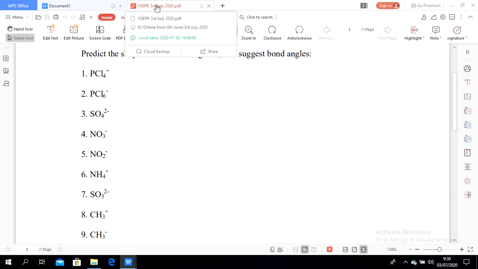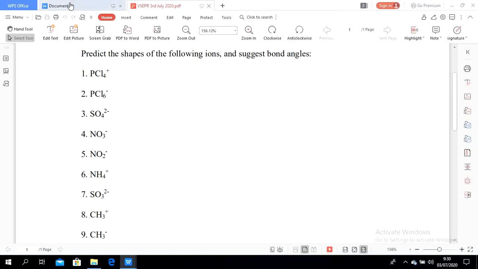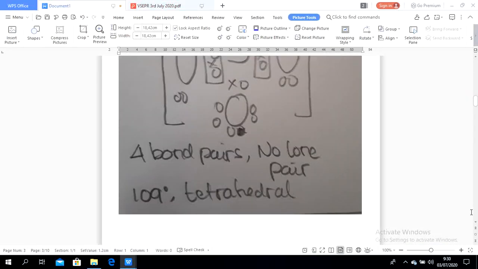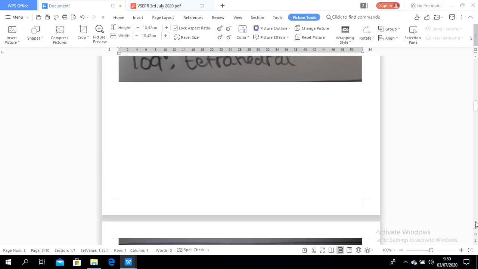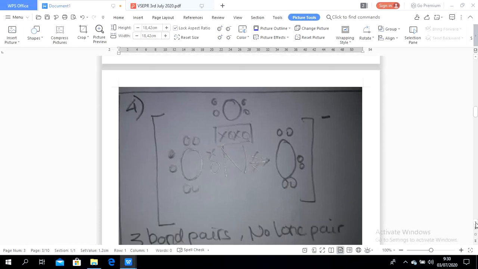Next, number 4 is the nitrate ion. Let's see how the diagram of the nitrate ion looks. We have to draw it like this. There are 5 electrons around nitrogen: 1, 2, 3, 4, 5. This one will form a double bond to oxygen.